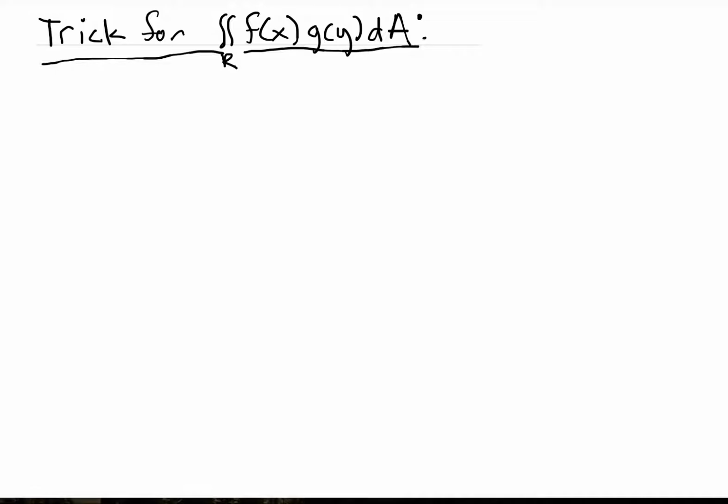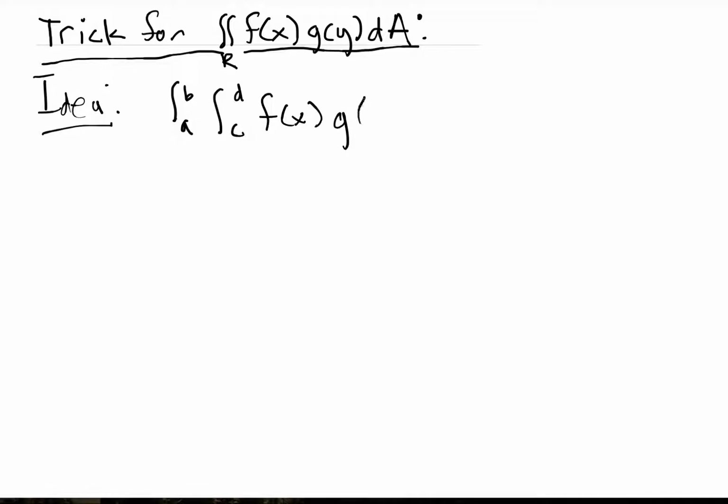So if I wanted to test this out, here's my idea. We can start writing this. Usually I give you some set of bounds that we're integrating over. I would probably write it in this manner rather than using R and dA. I would actually specify dy dx or dx dy.